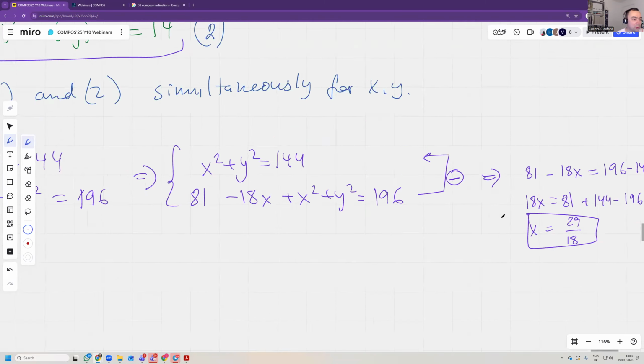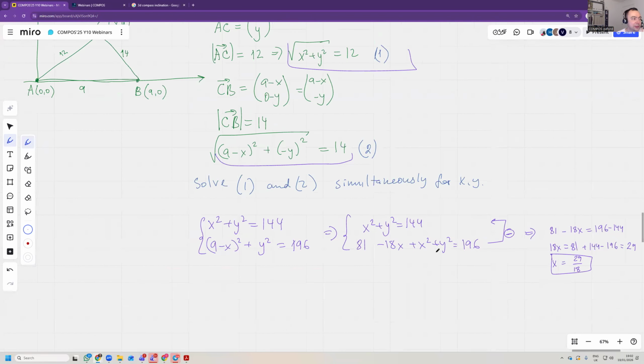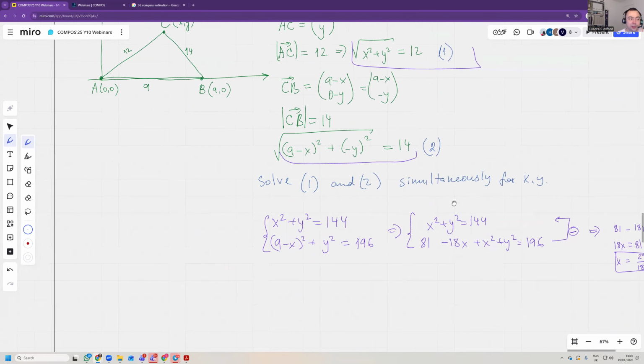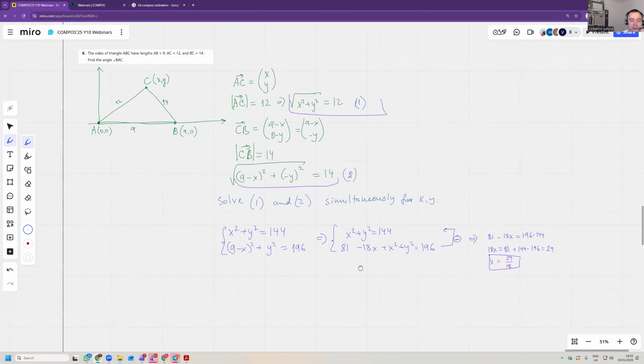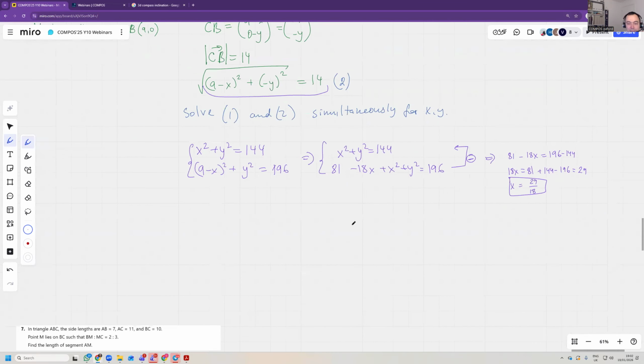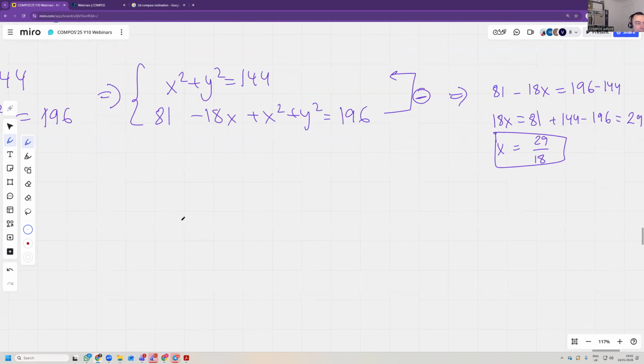And we can find y, I guess. Well, do we need to? What was the question? Oh, find the angle. Oh, we don't need to. Oh, no, we do. Sorry. We do need to find y. Well, let's use the easiest way to find y. y is plus minus square root of 144 minus x squared.